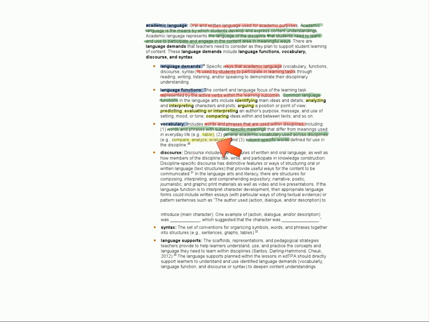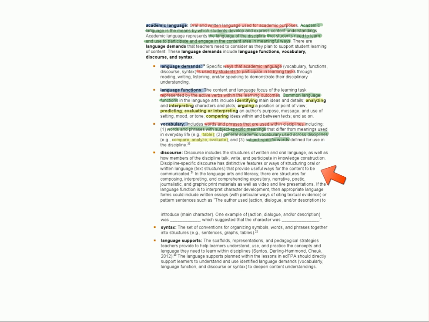So compare, analyze, and evaluate can happen across literacy, across science, across math. But then there are some words that are very specific to disciplines. So you might think about the coordinate pair or something like that in mathematics is very specific to mathematics.